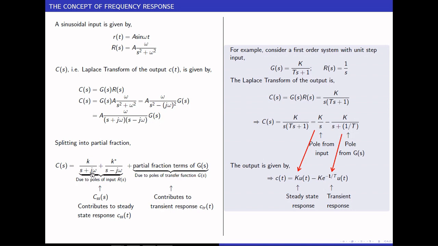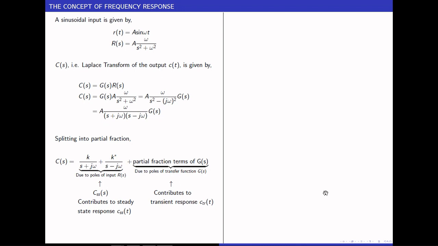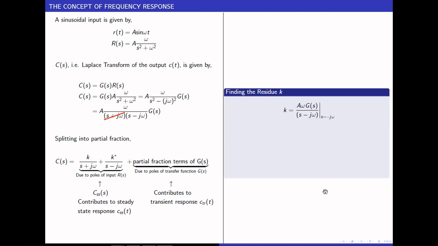Here, the roots of this denominator will be plus or minus j omega, which are complex conjugate. Therefore, K and K conjugate will appear as the residues. So to find out c of t, otherwise c_ss of t, it is necessary to find out these residue constants K and K conjugate. These are simple factors, and therefore there is not much difficulty.